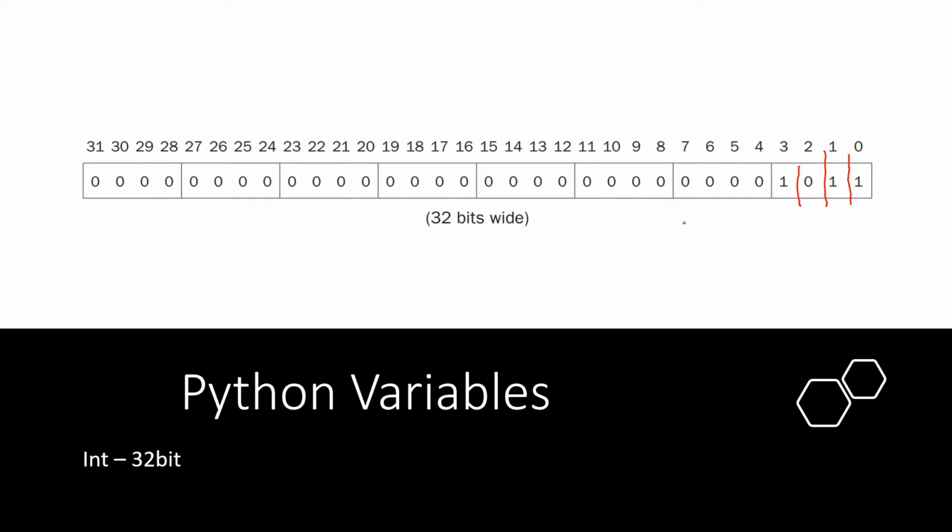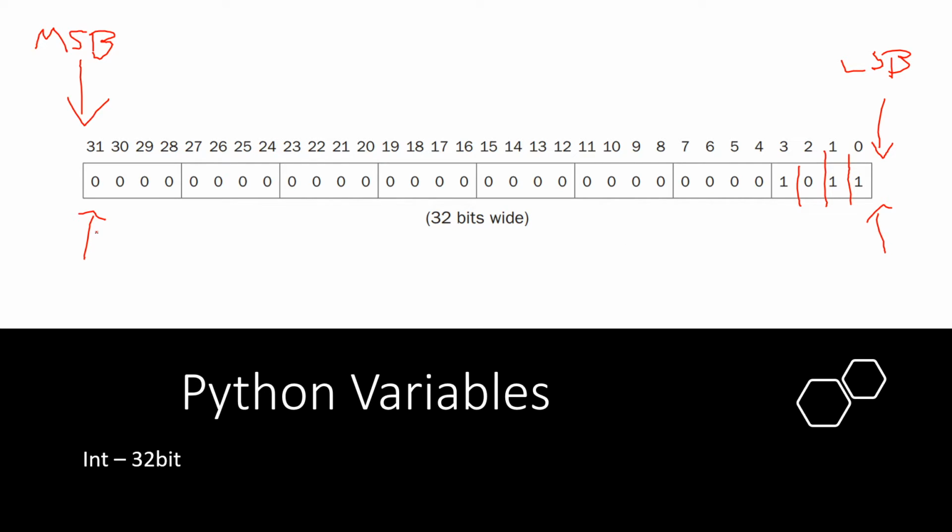Some other important names I should let you know about. The digit all the way to the right is called the least significant bit. And the digit on the left is going to be the most significant bit. And the reason they're called that is the value of this position is the largest and the value of this position is the smallest.